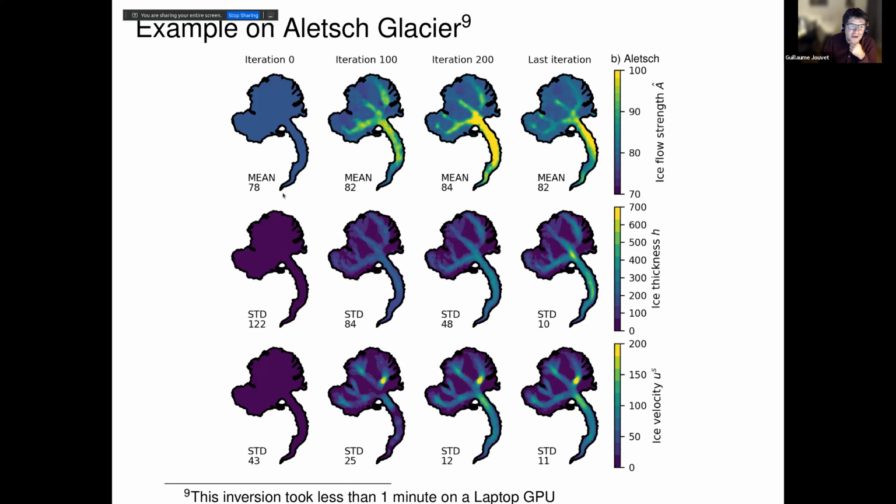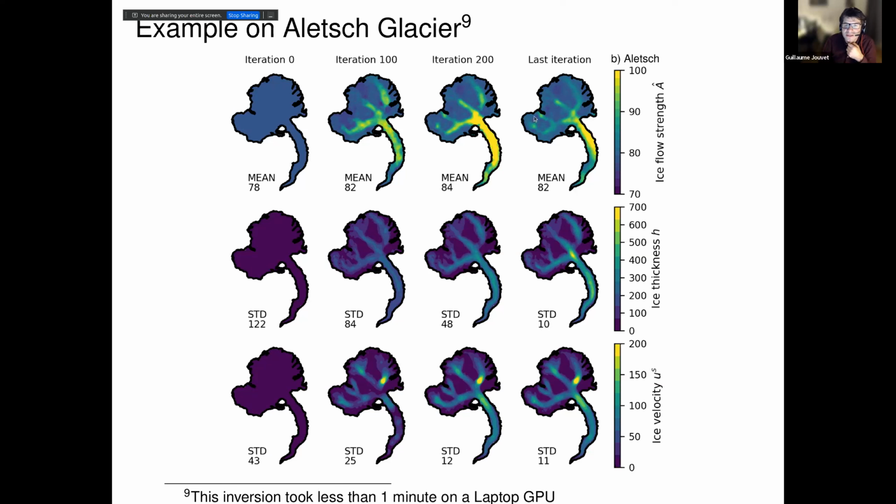So basically, after iteration 0, we have our cost, so our STD to the ice thickness profile or to the surface velocity are very high numbers because there is obviously a very bad fit. Then through the iterations, those numbers get reduced, and at the end we get a pretty decent fit to the ice thickness with an STD of 10 and an STD of 11 for the velocities.